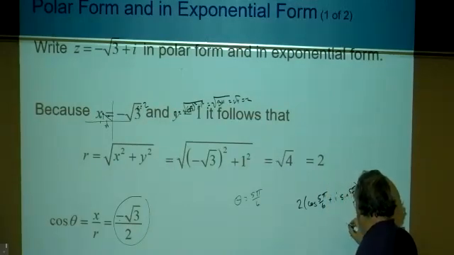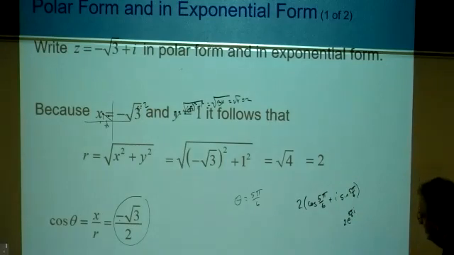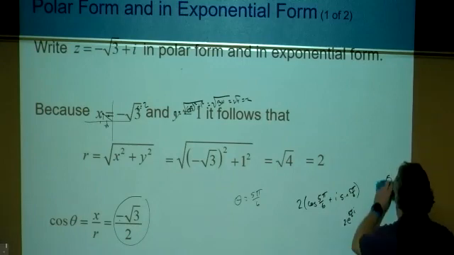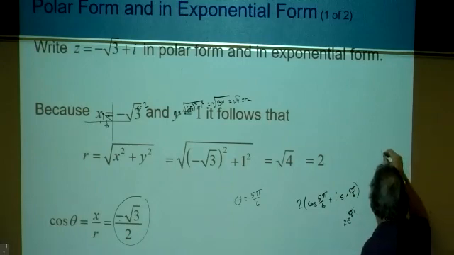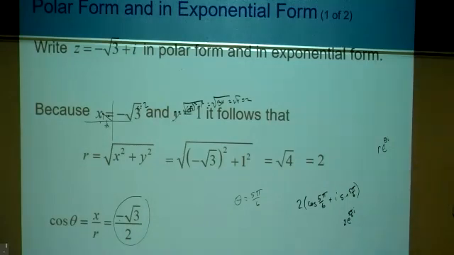So it's going to be 2 times e, and we'll write the fraction first, 5 pi over 6 i. Yeah, I'm used to having it written as theta i instead of i theta: r e to the theta i. That's how I've been used to seeing it written.